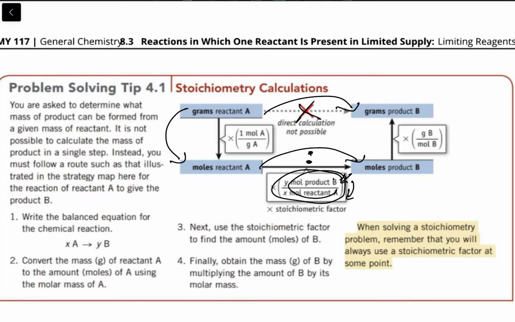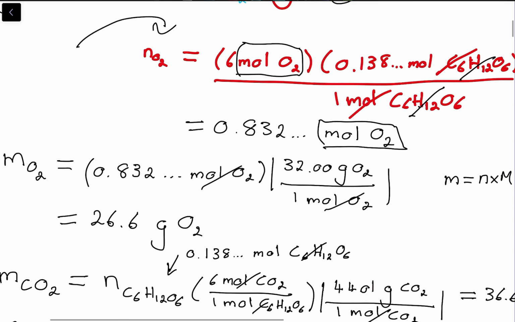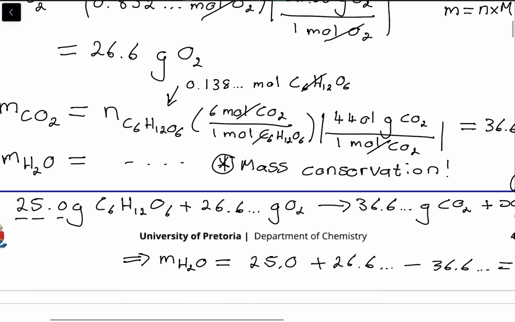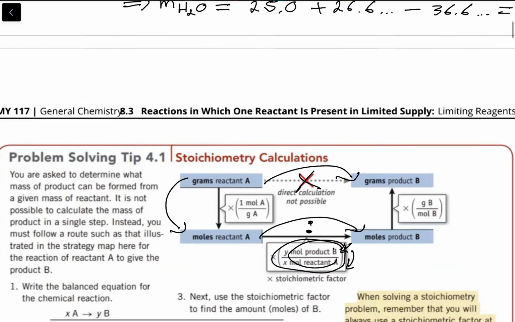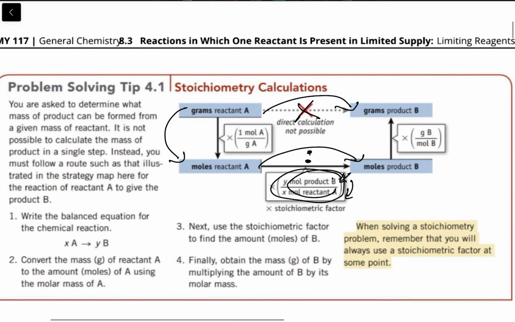So technically this expression here: it's mole CO2 that I want divided by mole glucose that I have. The thing that I have at the bottom and the ratio that I want up top. That gives me the moles of the product, and then you multiply by gram per mole, in other words, the molar mass, that gives you grams again.